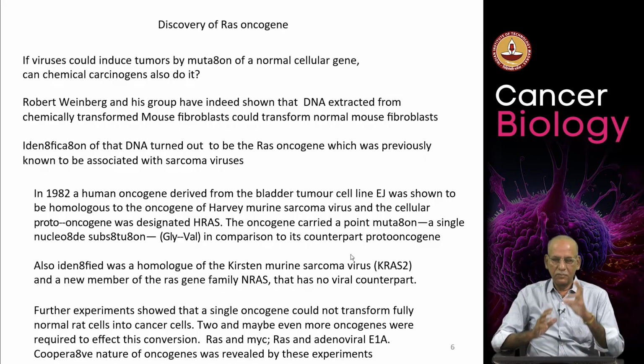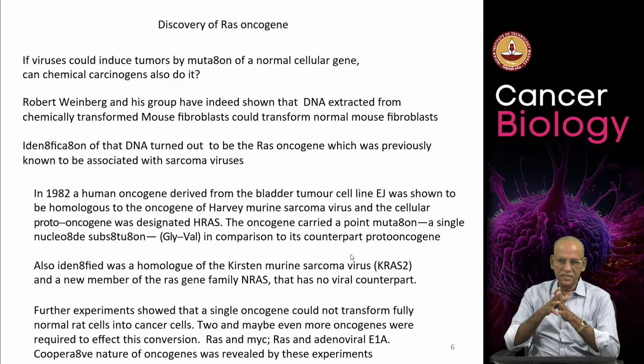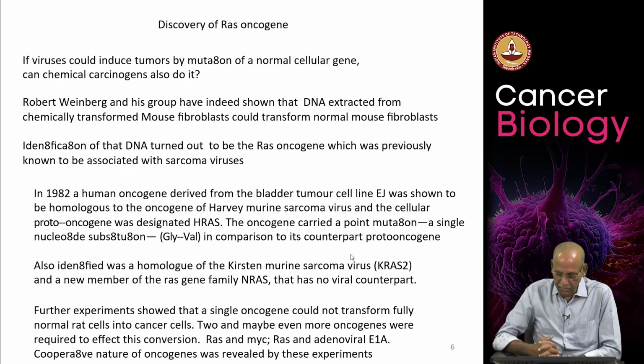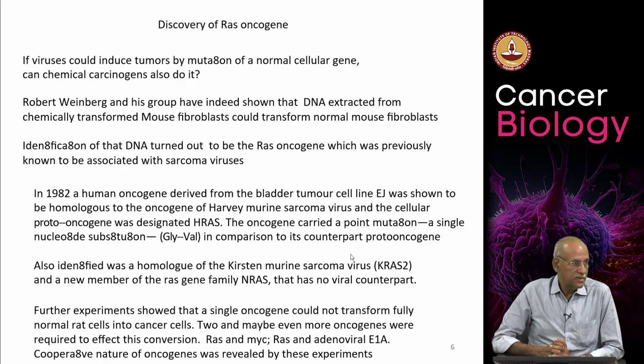They took what is thought to be a normal cell, some fibroblast kind of thing, and transfected it with one oncogene, trying to convert that into a cancer cell, but they did not succeed. They did several experiments; two or even more oncogenes were required to convert a normal cell into a cancer cell.